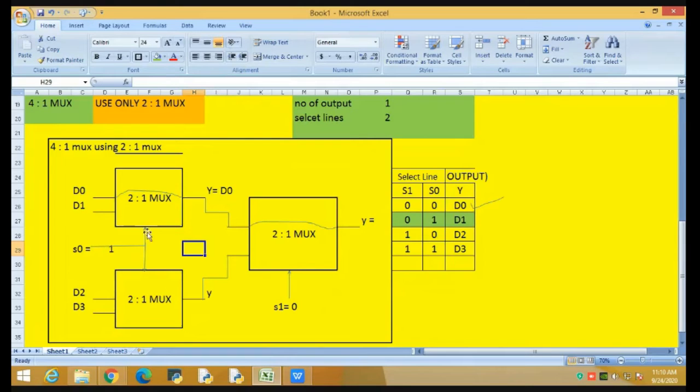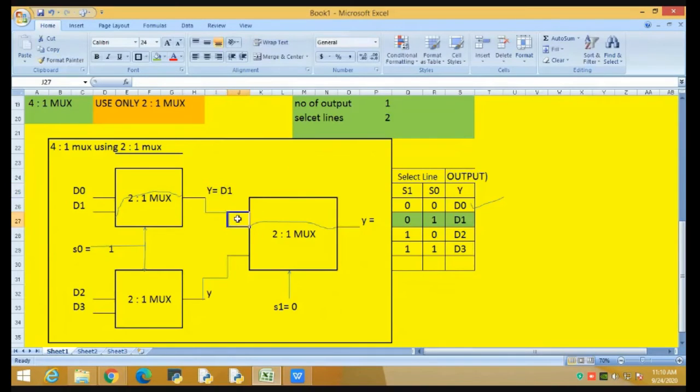This 1 comes to here, so because of 1, the second line is connected to the Y. So D1 comes to here.